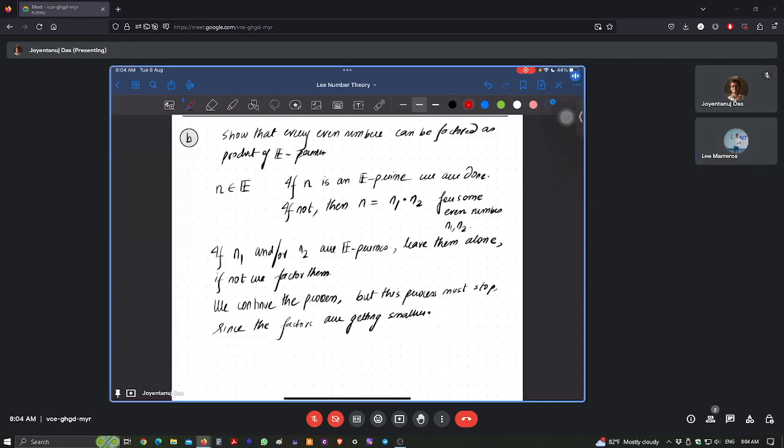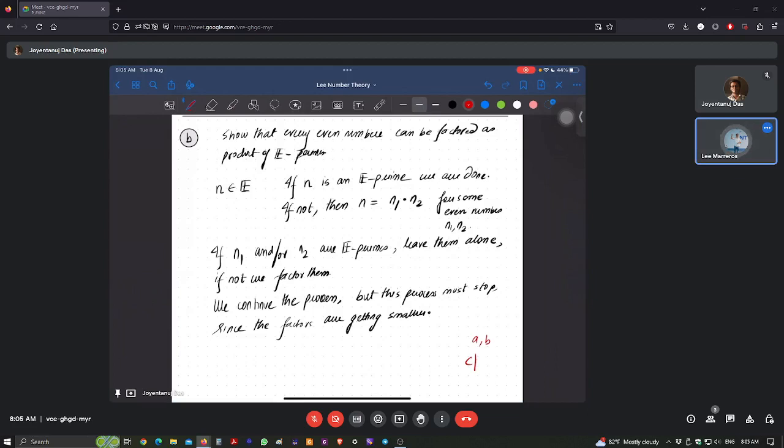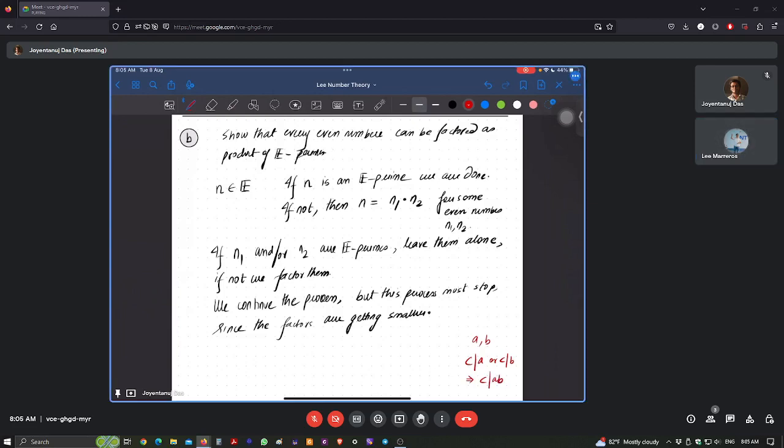Okay, let me write down what you're saying. So A and B are there, and if C divides A or C divides B, then C will also be a divisor of A times B. Yes, that is true. How do we apply it here?